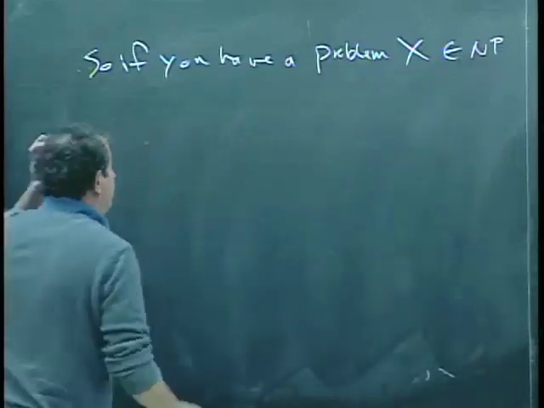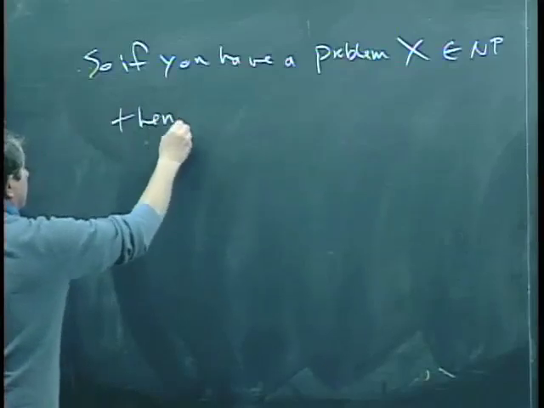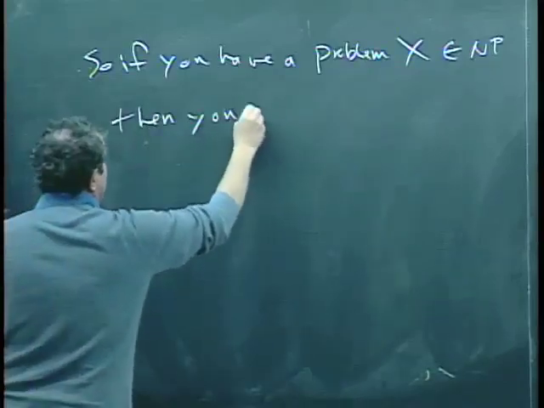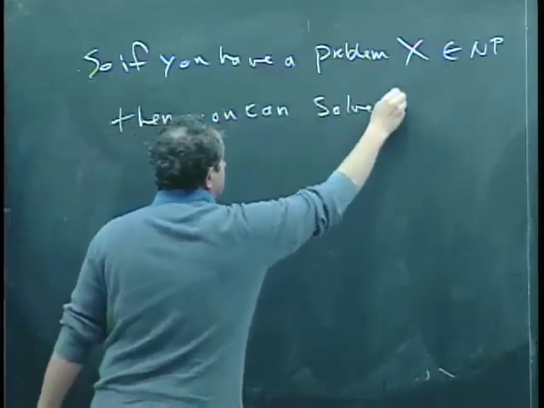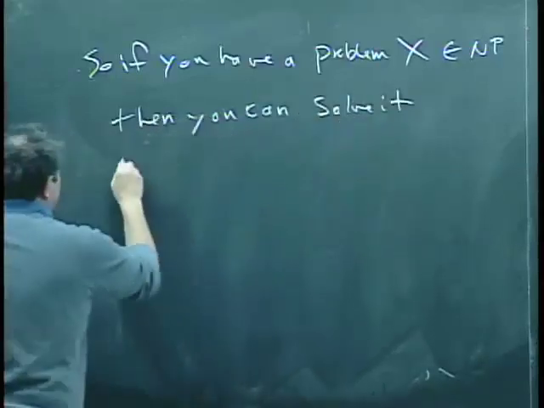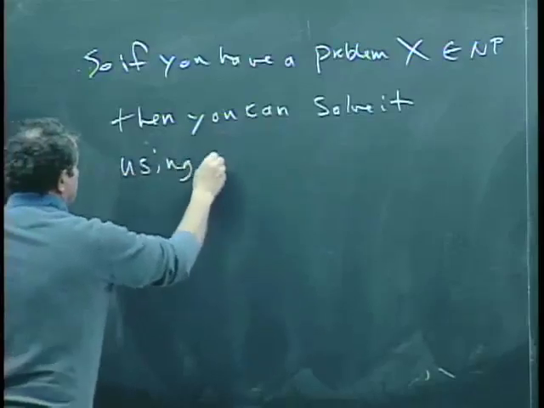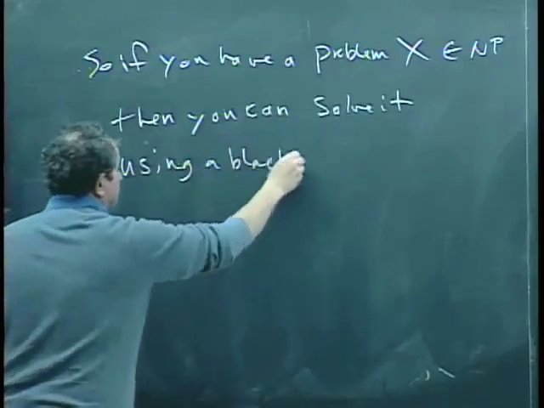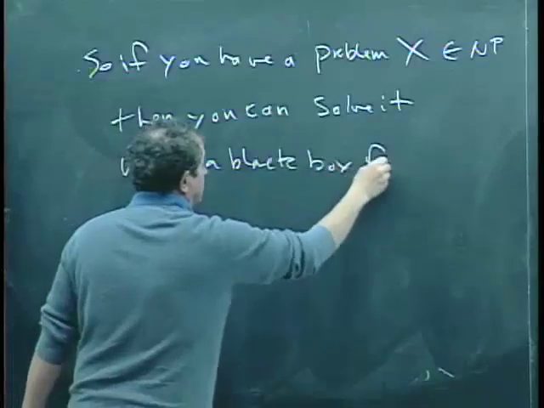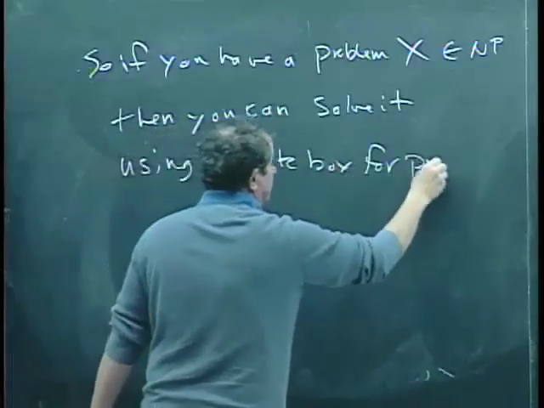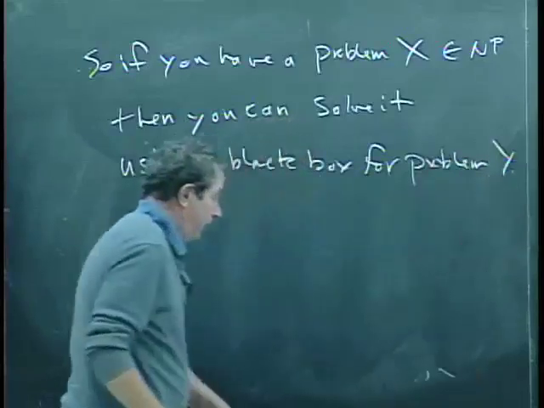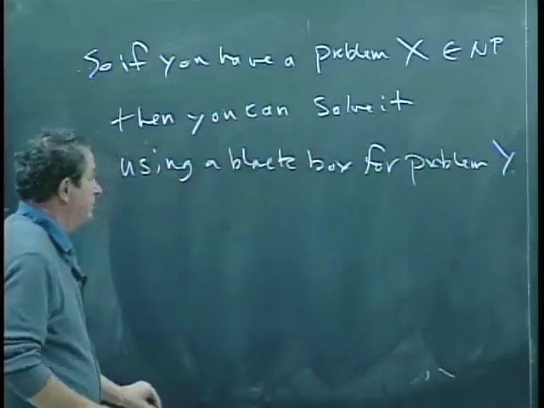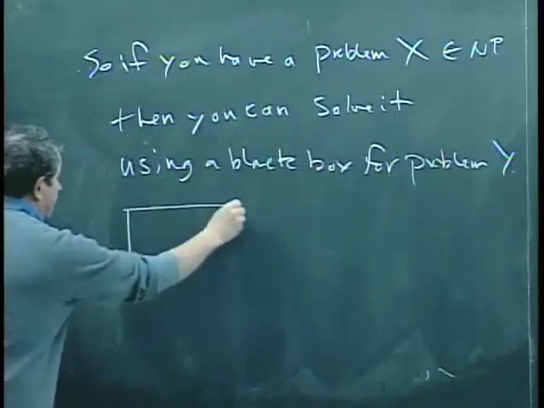Then you can solve it using a black box for problem Y. And moreover, that reduction happens in polynomial time.